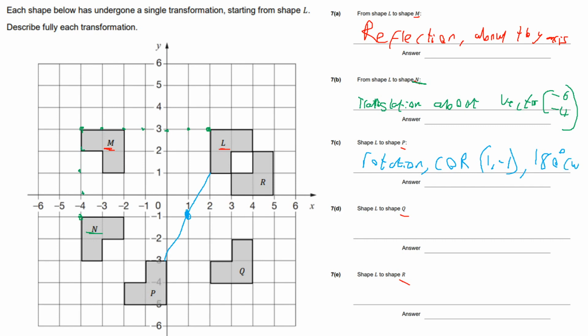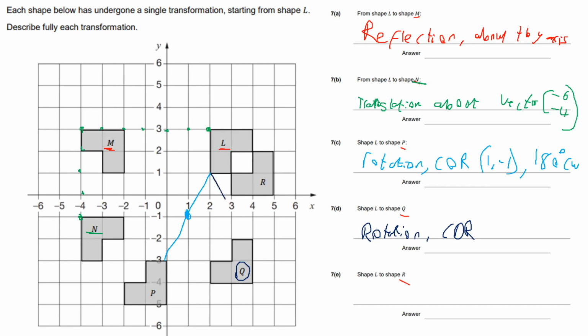Alright, what about to Q? Q is right here. That's also going to be a rotation from what I can see. So for this one, it's going to be a rotation. The center of rotation looks to be, well, alright, let's take a look.